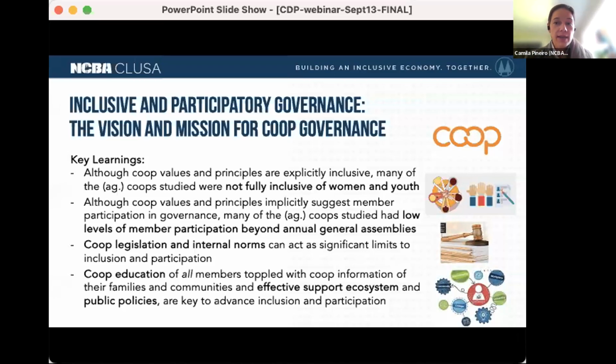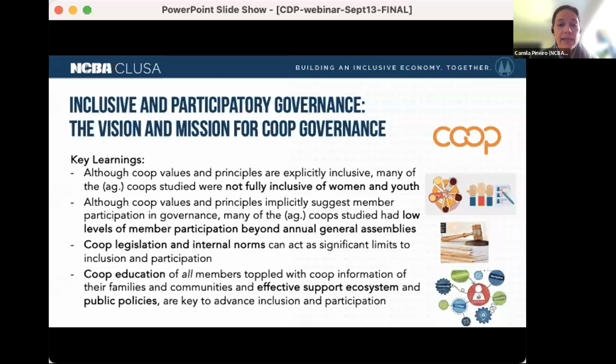We know that discrimination or lack of inclusion of women and youth is not a problem of cooperatives only. It's a problem of society. It needs societal solutions, right? But cooperatives can do better, and with some awareness, training, sensitization, and identifying those barriers, a lot can be done, as has been shown.